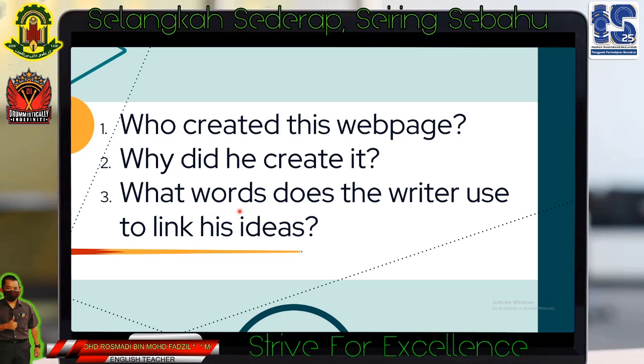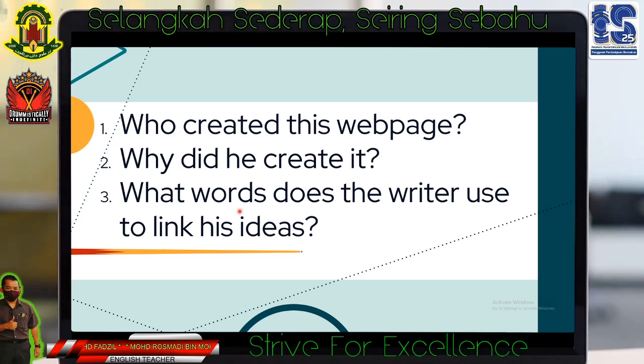Kalau bahasa Melayu kita panggil kata hubung. Apa contoh kata hubung? Or in English, what we call that? Siapa tahu? Okay.